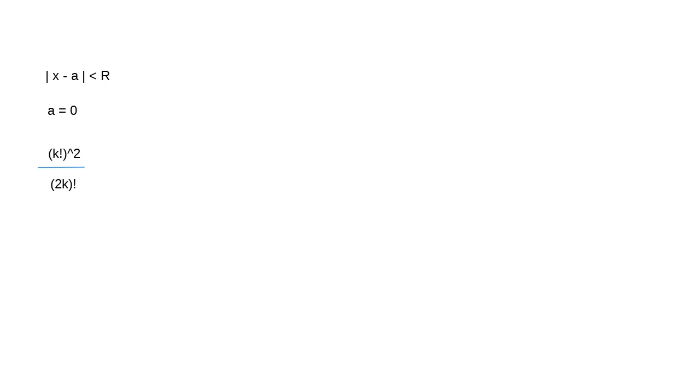So the index k starts with 1 and goes to infinity, and then we have k factorial square over 2k factorial, times x raised by k.